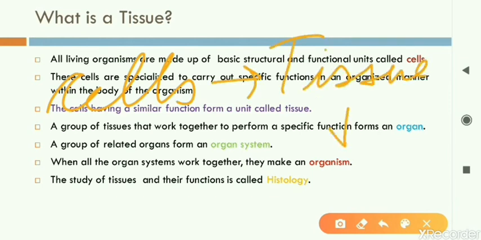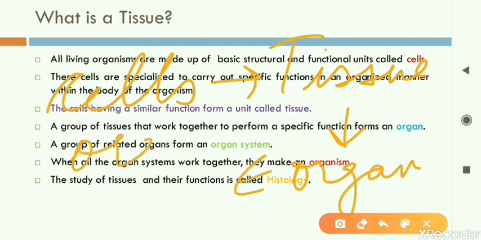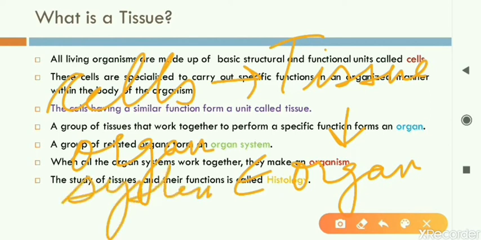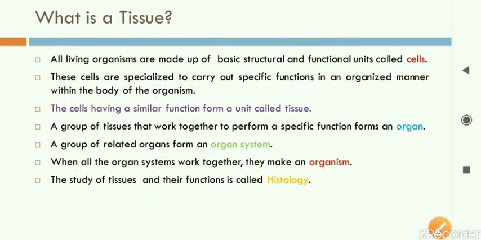Tissues performing similar function form together what? They form an organ. Then different organs doing a specific function form a group. That group is called an organ system. Different organ systems combine together to form an organism. That is what any kind of living organism is made up of.